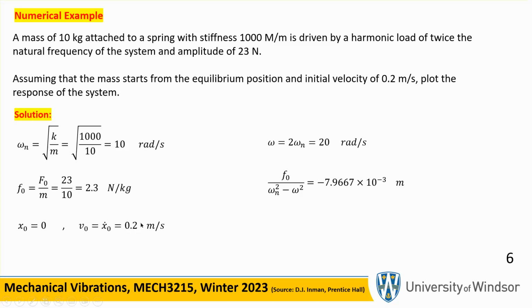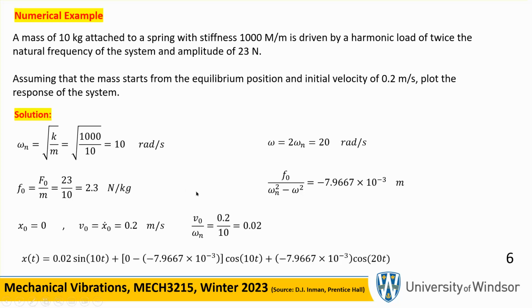So if you go back to the previous slide, where I had this big yellow box, and plug these things in, you're going to get this thing. This part is the particular solution. Remember, the thing that was multiplied by sine was v naught over omega n.